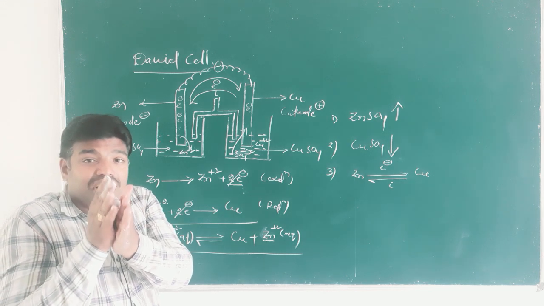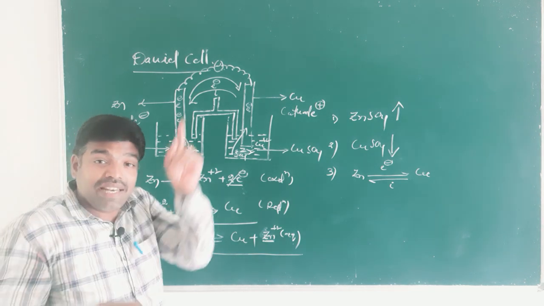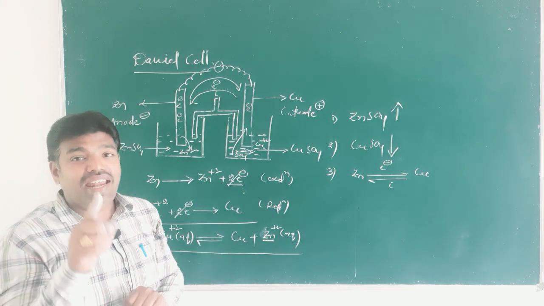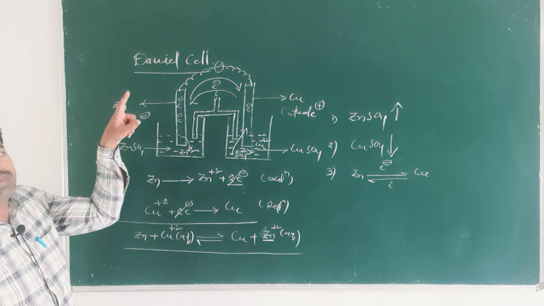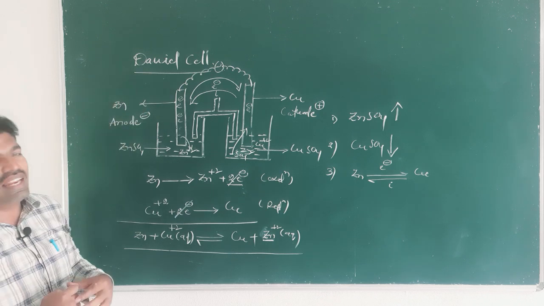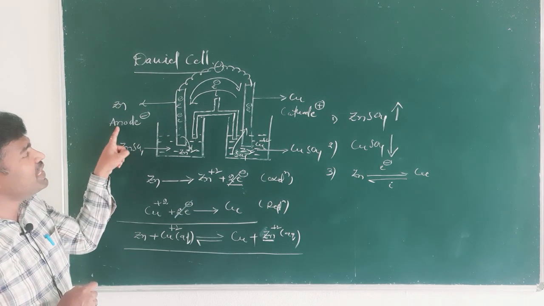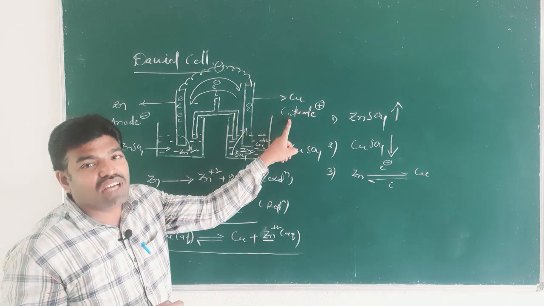That is the difference between the representation of electrodes in the electrolytic cell and in the galvanic cell. So in the galvanic or voltaic cell, or more conveniently the Daniell cell, anode is the negatively charged electrode and cathode is the positively charged electrode.